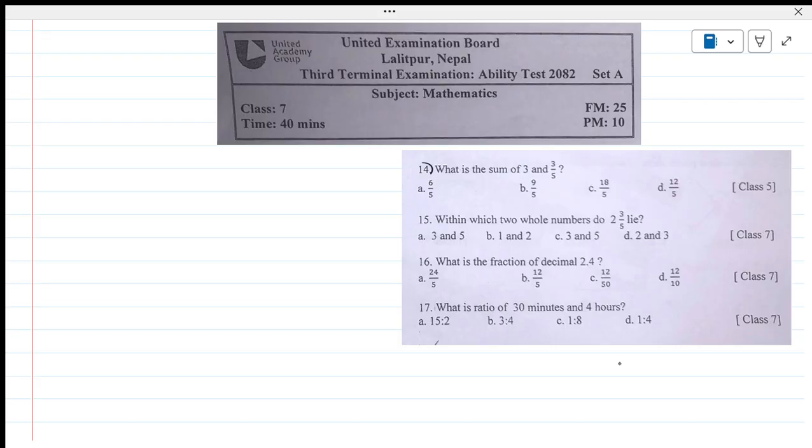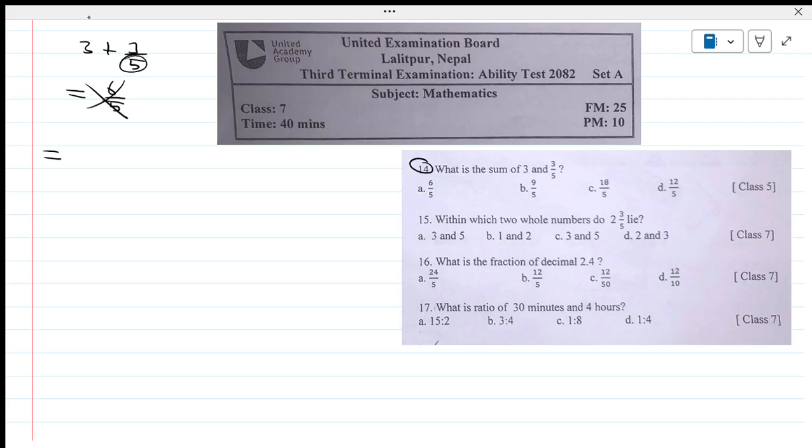Right, so in number 14 it says, what is the sum of 3 and 3 by 5? So 3 plus 3 by 5. Many of you tend to make a mistake here. You randomly add 3 and 3, you write 6 by 5 and so on. So what we have to do here is make the denominators the same first.